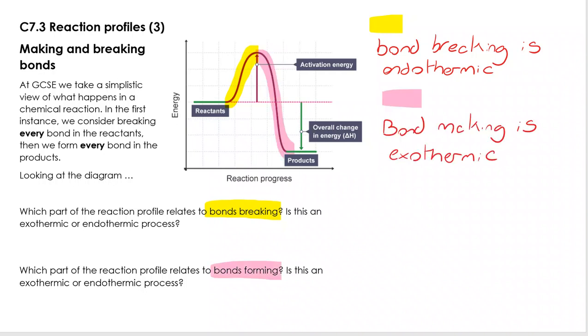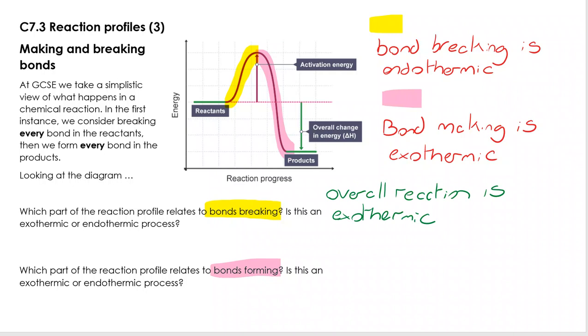And then we have the bonds forming. So bond making is exothermic. It's the reverse. If it uses energy to break a bond, it releases energy to make a bond. Again, we will talk about that in calculation terms in the next video.